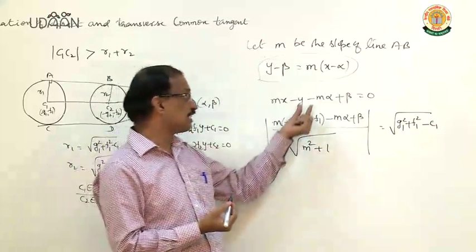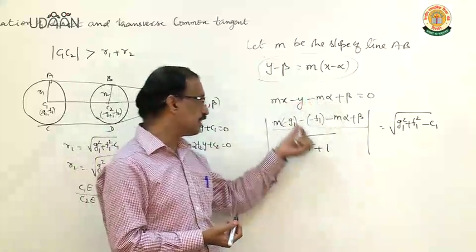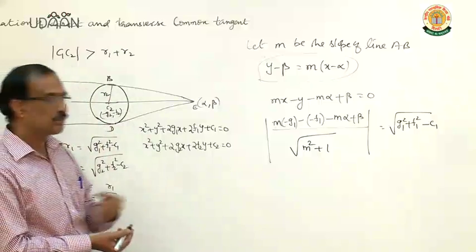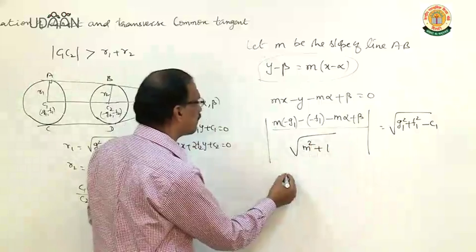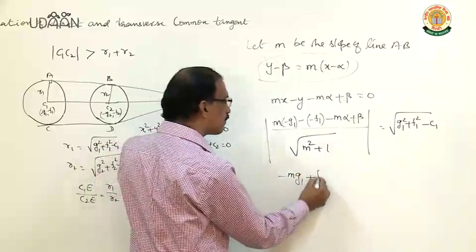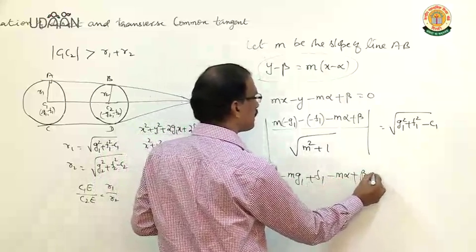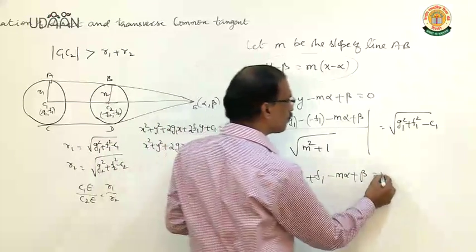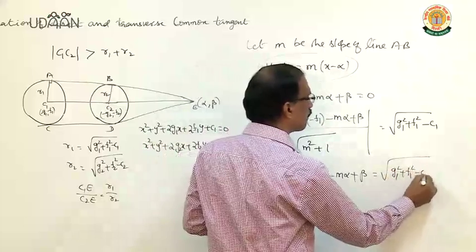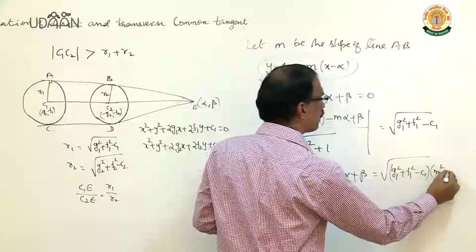So, that is a line, it is a tangent. If it is a tangent, it means the distance of this line from the center is equal to the radius. So, we get minus mg1 plus f1 minus m alpha plus beta equals root of g1 square plus f1 square minus c1 into root of m square plus 1.